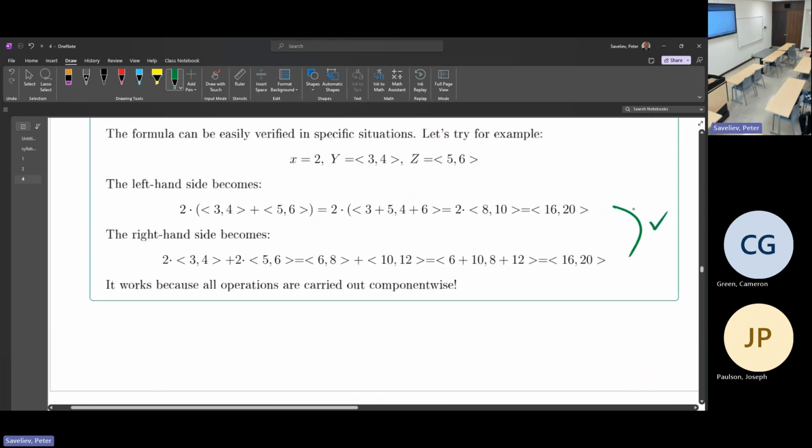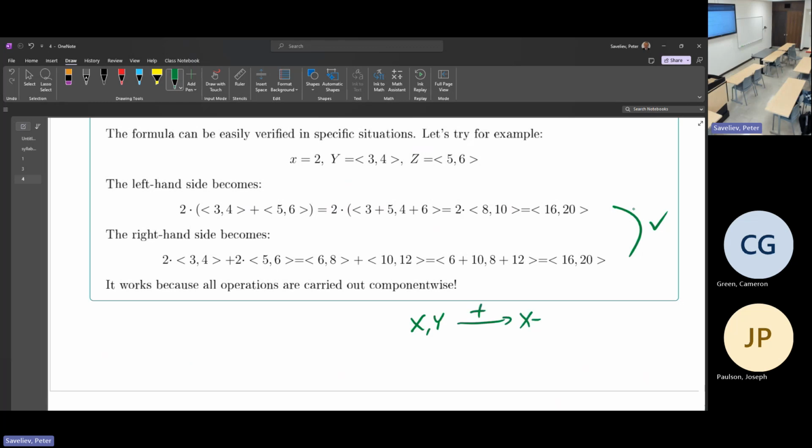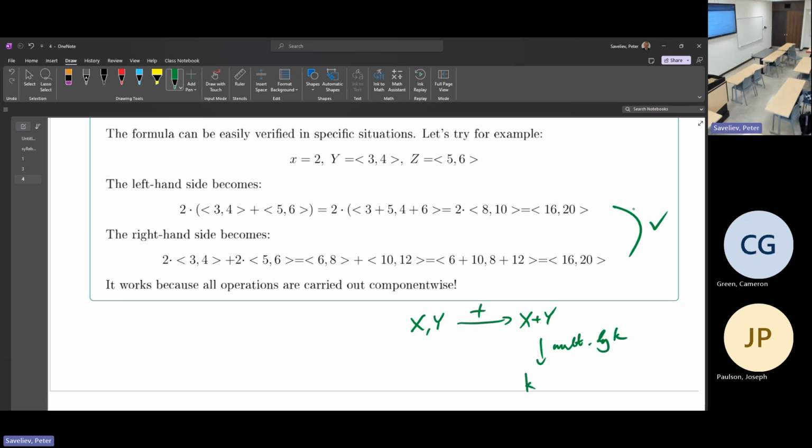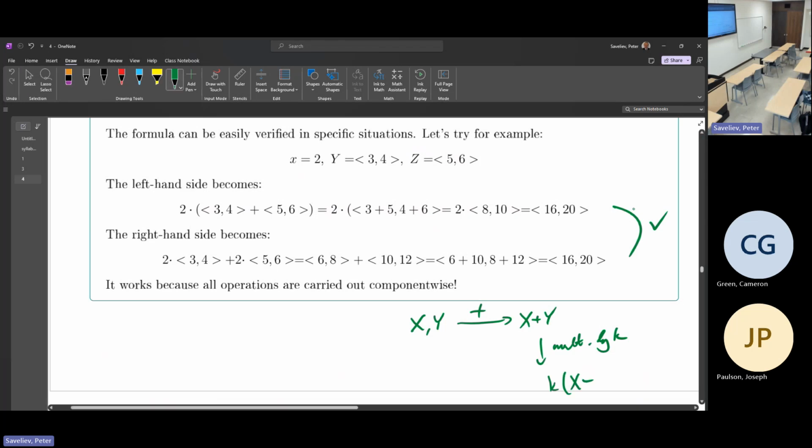Let's say x, y. I add them, x plus y, and then multiply by k. So I have k times (x plus y). Okay, so that's one route.